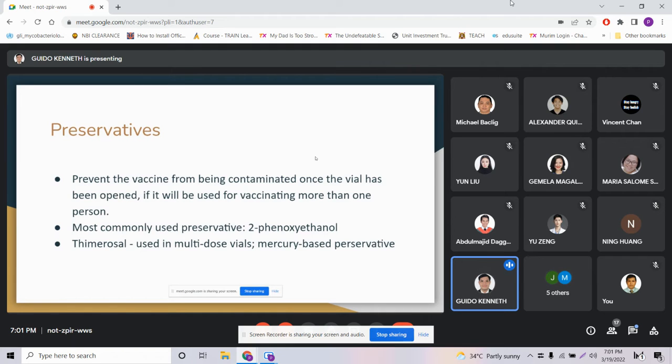Since thiomersal, the other name for thimerosal, is a mercury-based preservative, it is considered a regulated substance. Thereby, there is currently reduced usage of thimerosal as a vaccine preservative. There are also some countries that banned the usage of thimerosal, a mercury-based preservative, for vaccines.